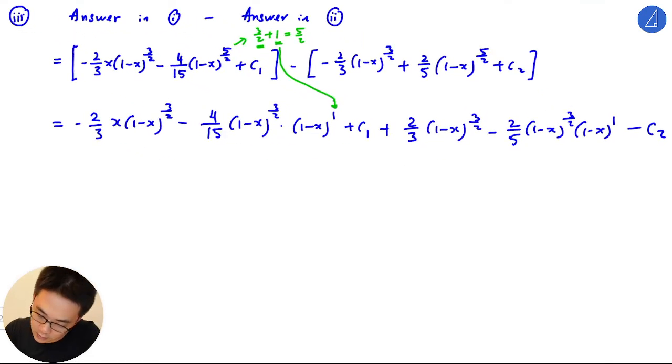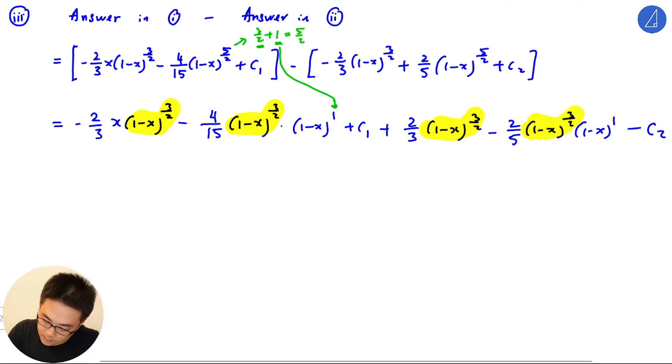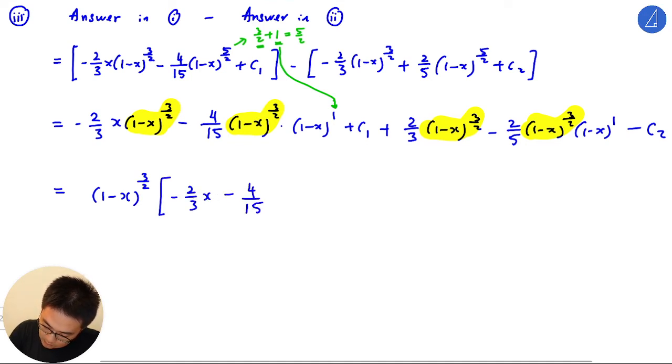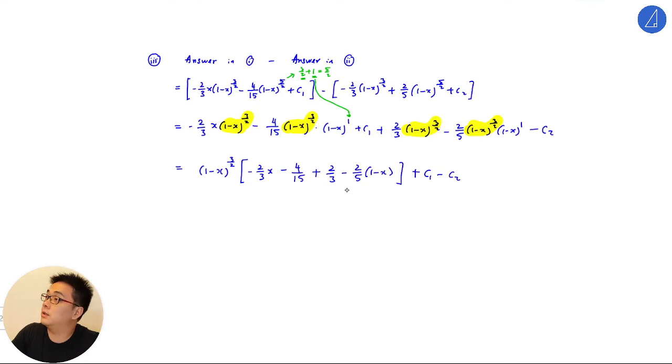So these are the same stuff. I factorize this out. Then you just hope that this is 0. I think this whole thing is 0, right? Just now when we keyed in, this whole thing was 0.